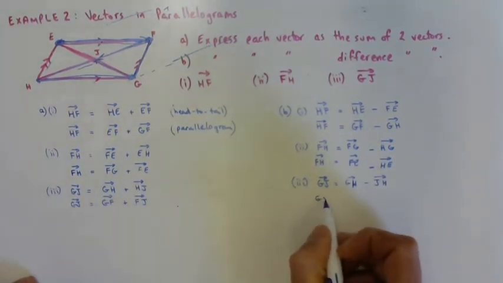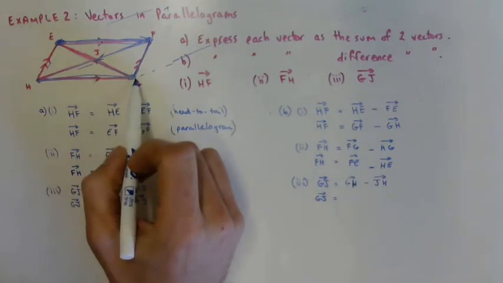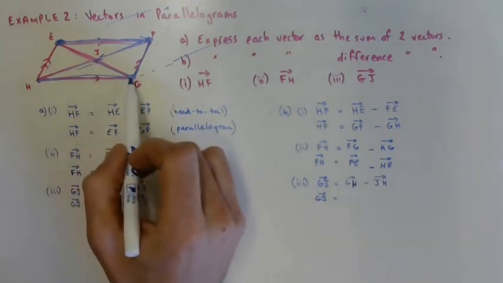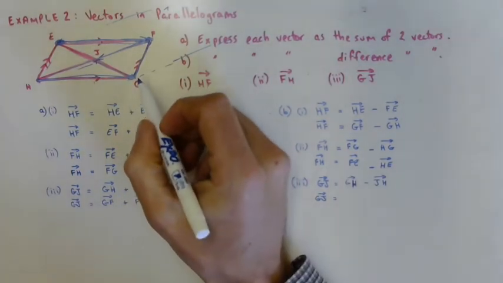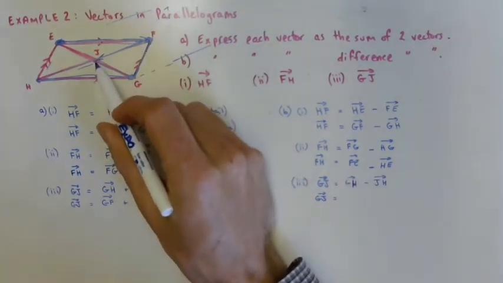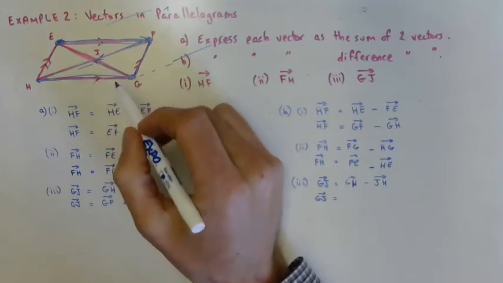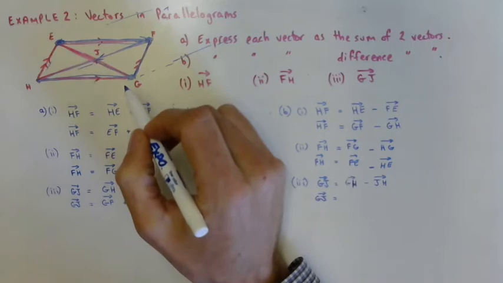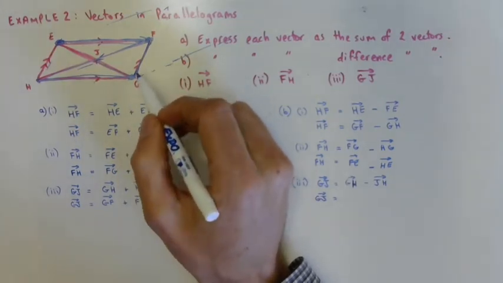Okay? Can we get there another way? Just by looking at the diagram. Let's see, we're going from here to here. So you can see that something like GF plus FJ would get me GJ. So I could make one of those vectors its opposite and then subtract it.